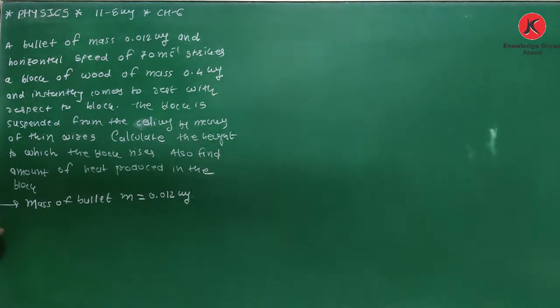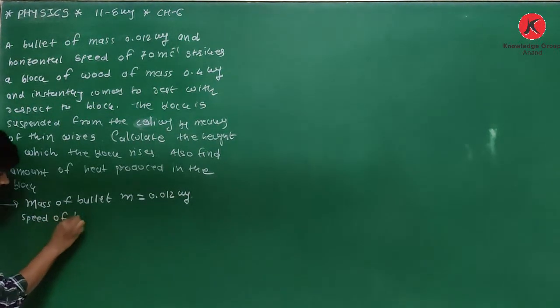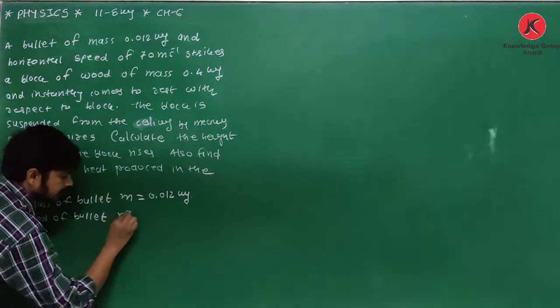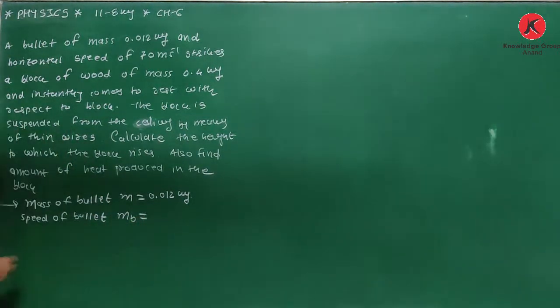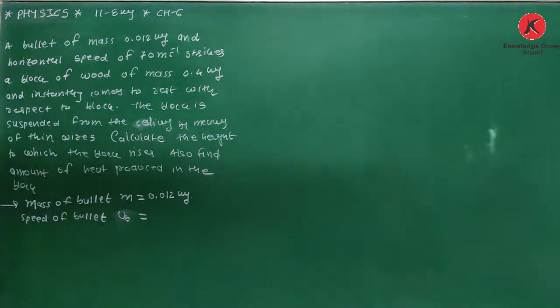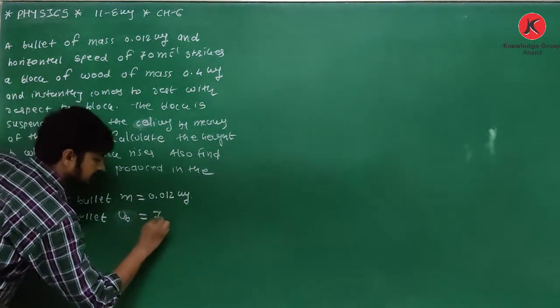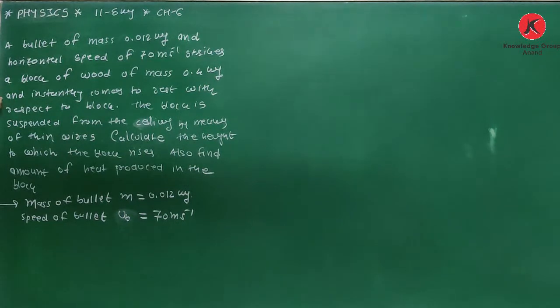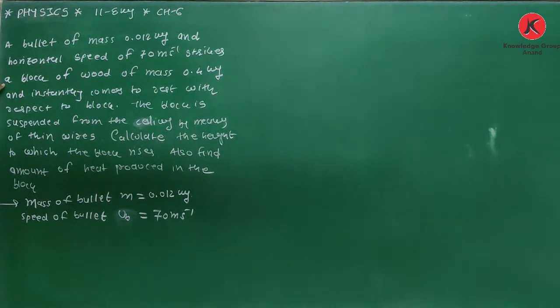So speed of bullet, vb, sorry, ub is equal to 70 meter per second. Okay.